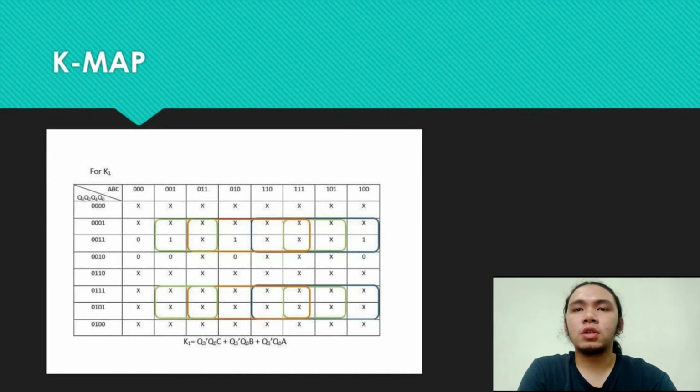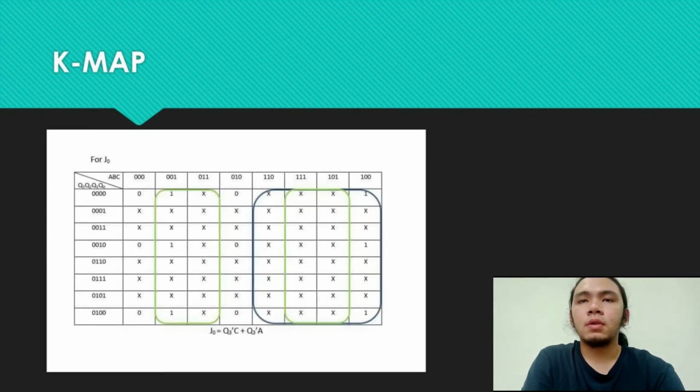Next, the equation for the blue circle is Q3 bar Q0 A, the equation for the green circle is Q3 bar Q0 C, and the red circle is Q3 bar Q0 B.